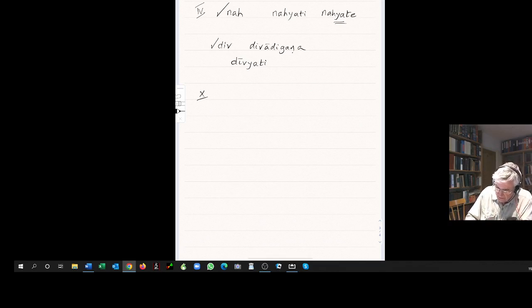And the 10th class always ends in an aya. Panini called this the chur class, from the root chur, meaning to steal. And a thief is a chora. The 10th class is very often used as a causative, to make somebody do something, or as a denominative.